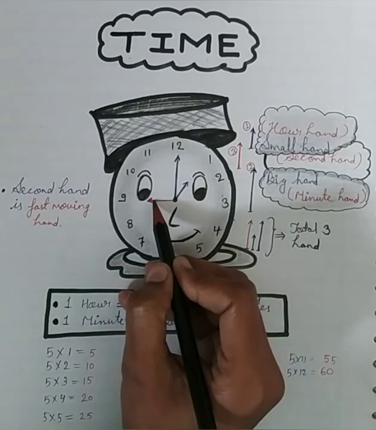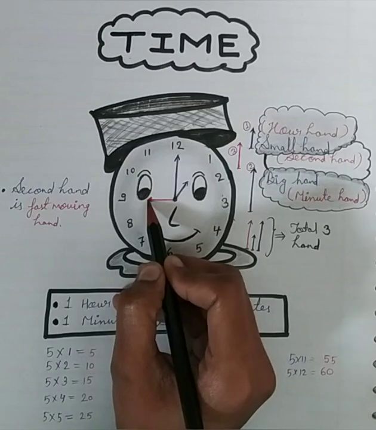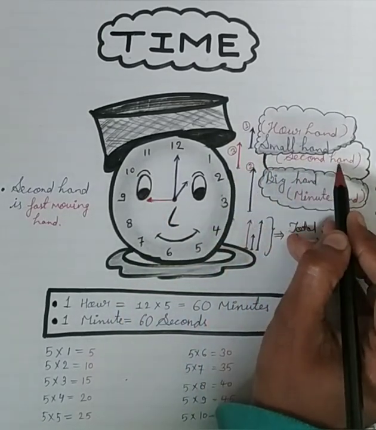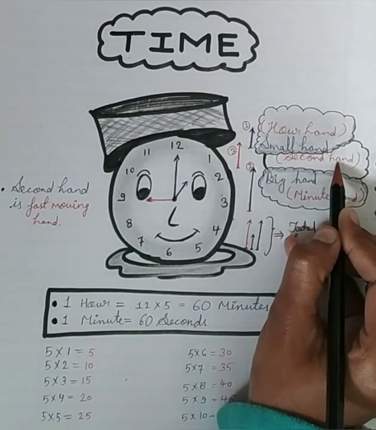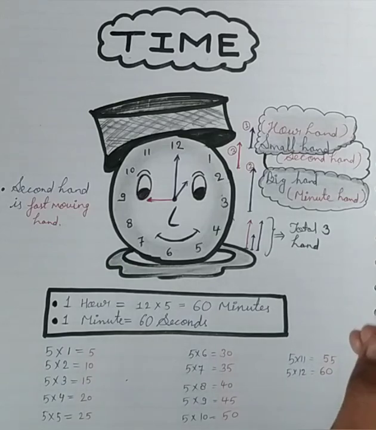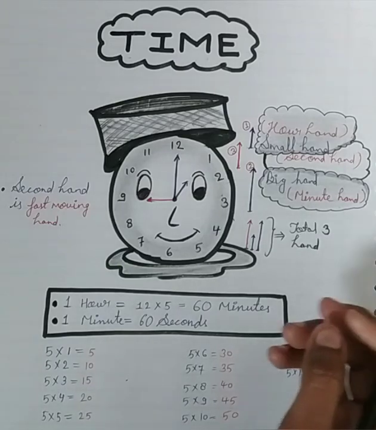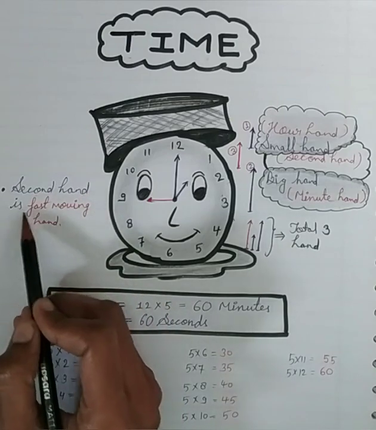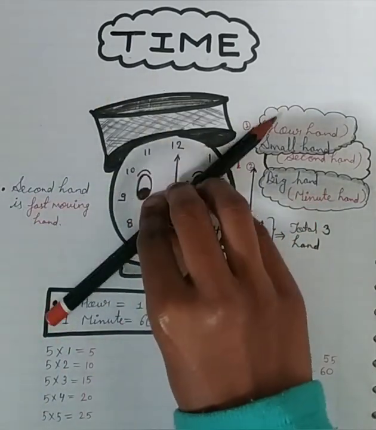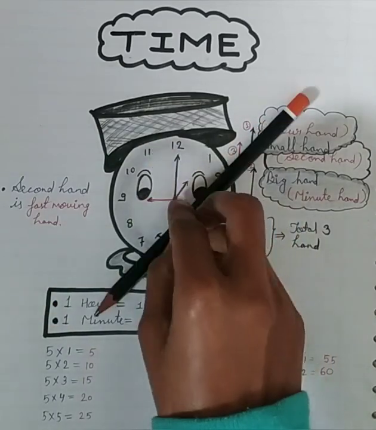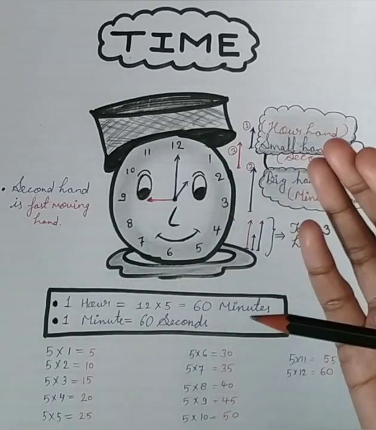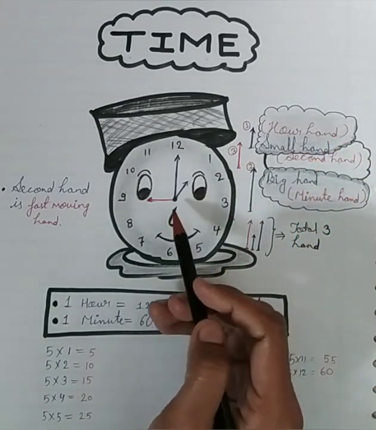And our watch has one more, you can say another hand, known as the second hand. Children, here is one more point that you have to learn: the second hand is the fast moving hand. It is known as the fast moving hand because it moves so fast.